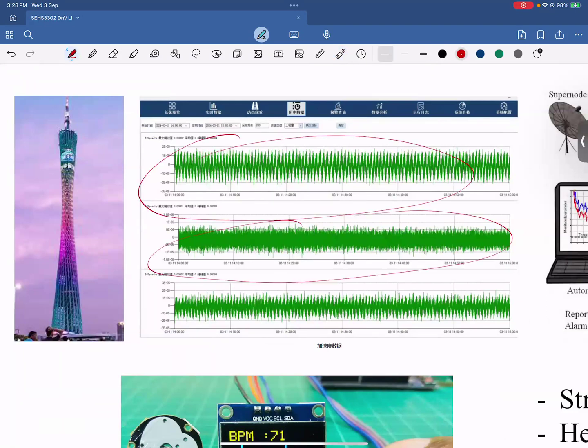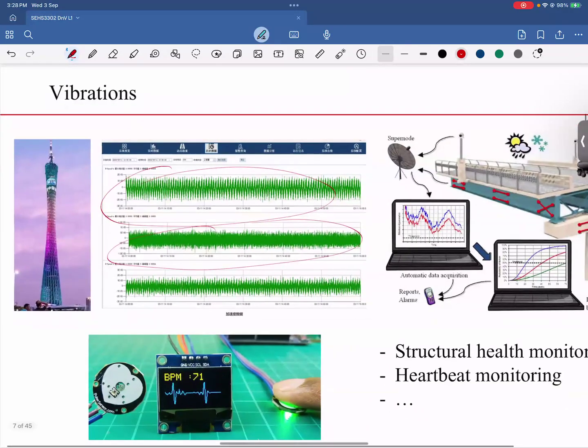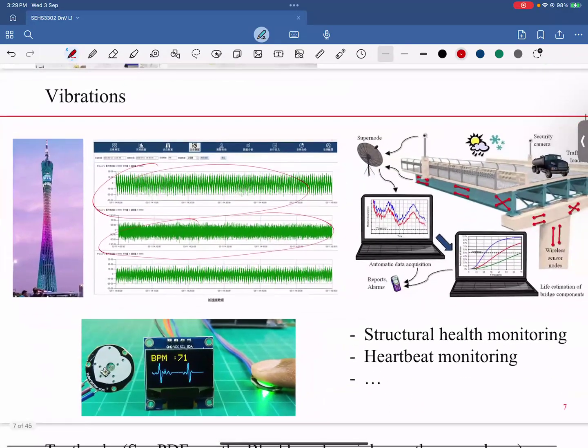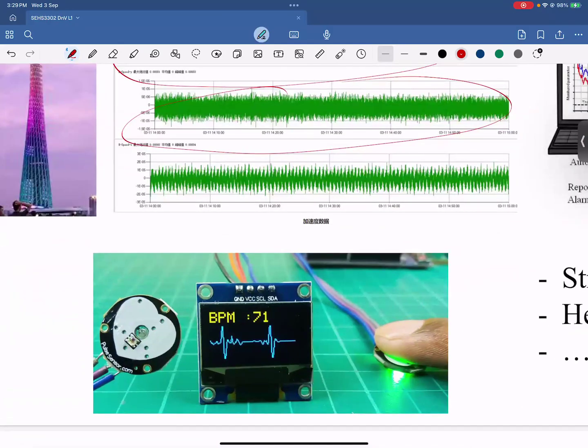The tower on the top has an observation all the time. Also, another kind of vibration is our heartbeat, right? Beats per minute is 71, so it seems this person is healthy.